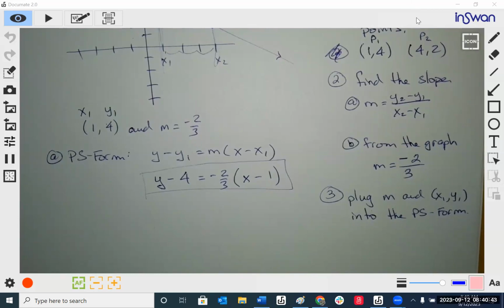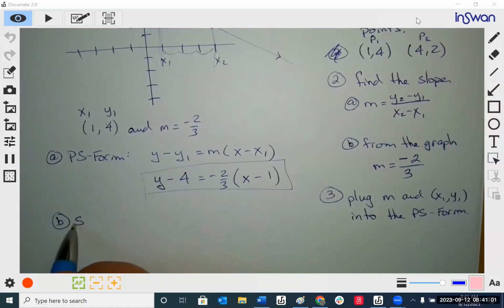How do I get to the next answer? Next form. What is the next form? The slope-intercept form.